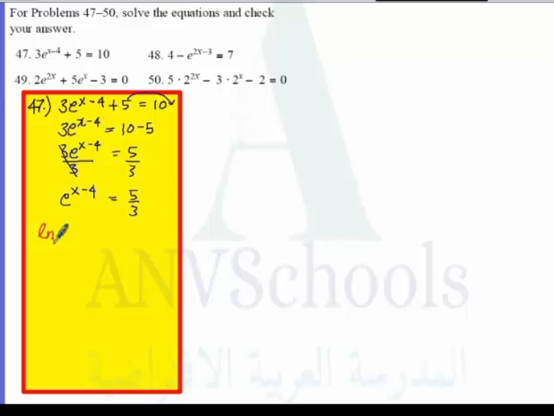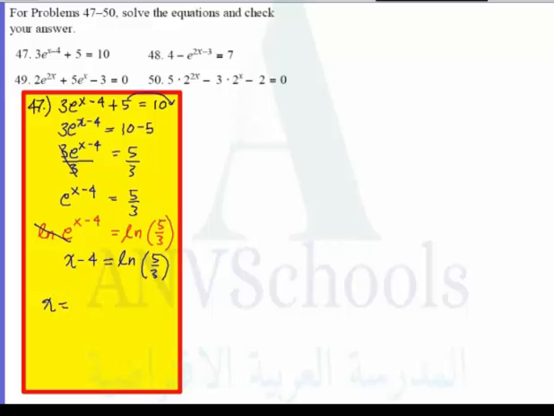So I'm going to put ln of e^(x-4), then I also have ln of 5 over 3 here. And this cancels out the expressions ln and e, giving me x minus 4 is equal to ln of 5 over 3.